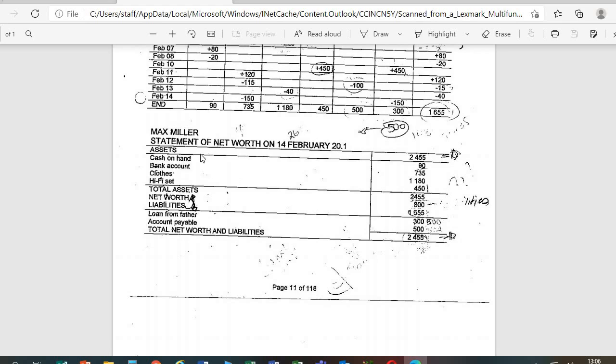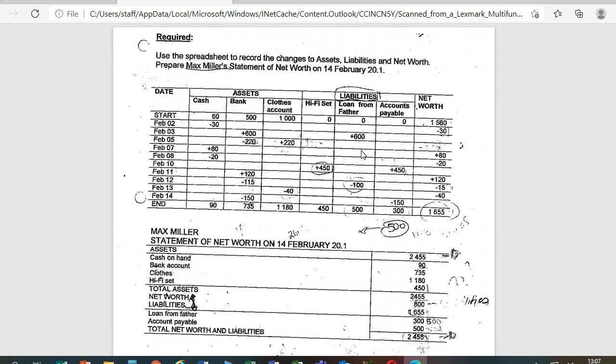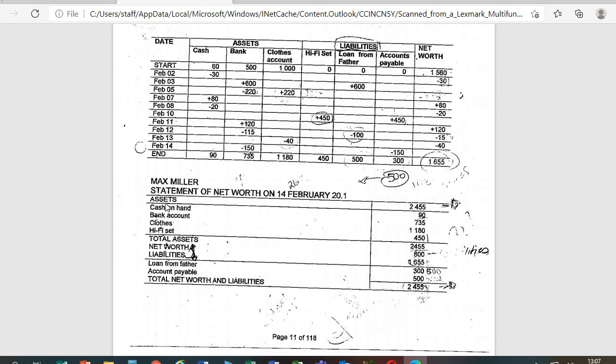And then we come to the statement of net worth. You add up all those, keeping in mind that we're using the version of assets equal to liabilities plus your net worth. So you add all your assets, they add up to 2455, which is your cash on hand, bank account, clothes, Hifa set.